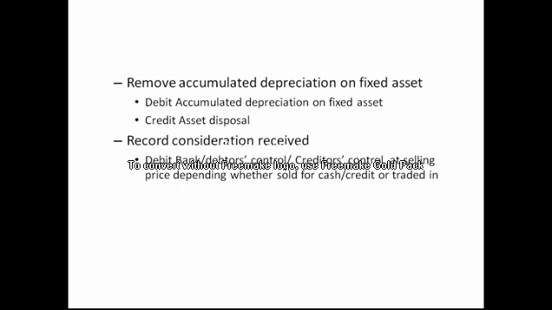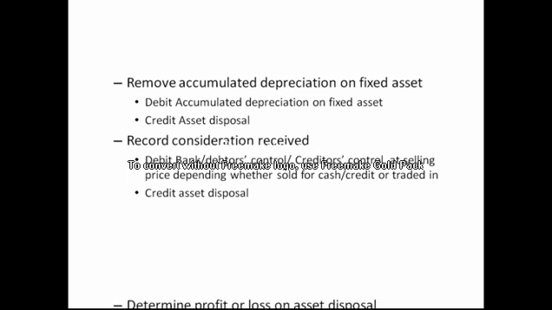So we now owe our creditors less by the value of what our old asset was worth. And we know if we owe less, liabilities reduce, and liabilities reduce on the debit side, so we have to debit creditors control at the selling price, and therefore we will have to credit our asset disposal account.